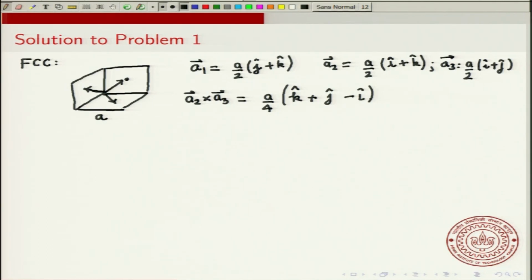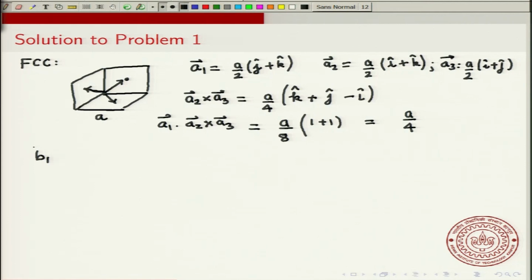Now if I take A1 dot A2 cross A3, this will be A by 8 times, now you will have a term j dot j and k dot k, there is no i term. So, you will get 1 plus 1, which is equal to A by 4, which is what you expected. You would expect the volume to be 1/4 that of this cube. So, now what do we get? We get B1 is equal to, now you already have A2 cross A3.